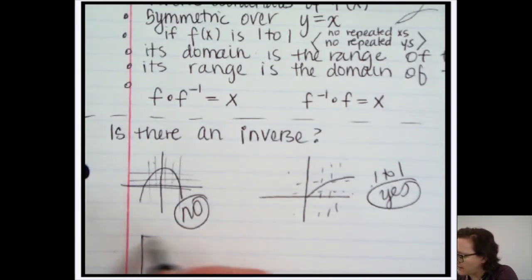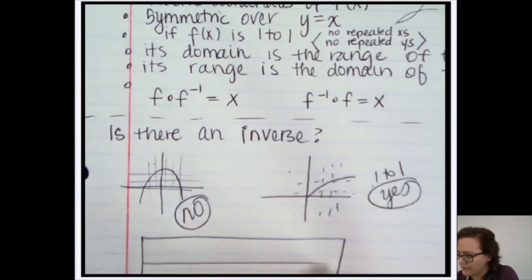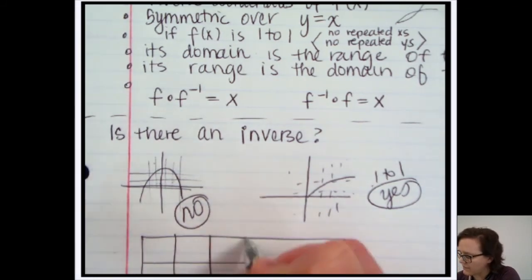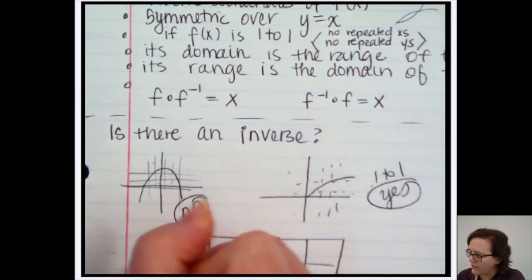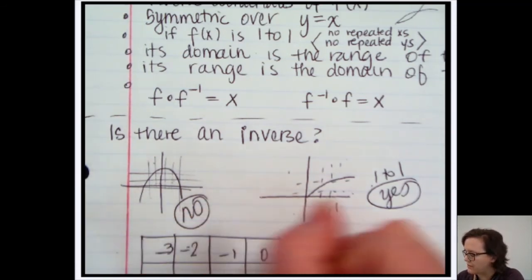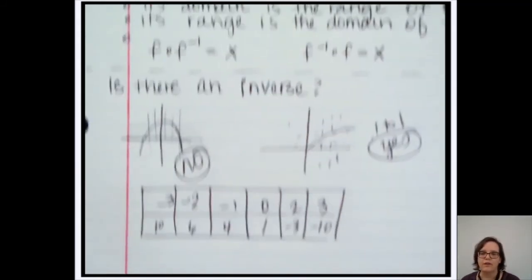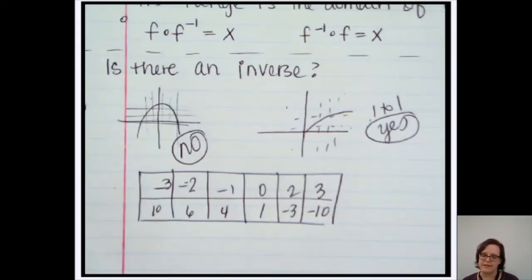How about, give me a second, we have a table here. If we have x values of -3, -2, -1, 0, 2, and 3, and y values of 10, 6, 4, 1, -3, -10. Why don't you look at that a minute and think to yourself, does it have an inverse or not?